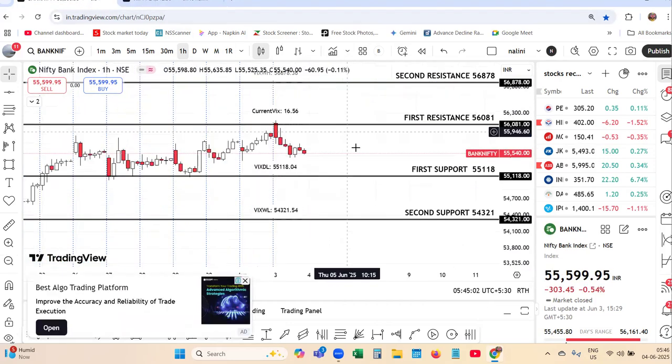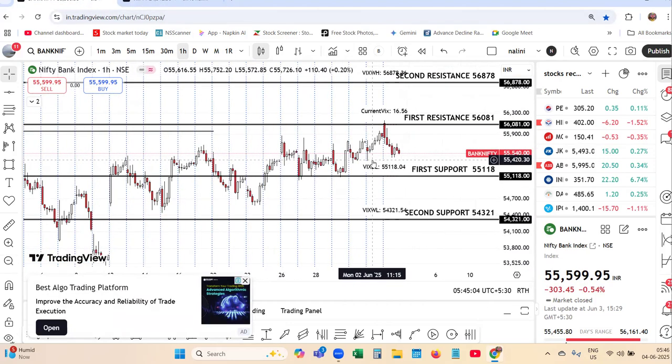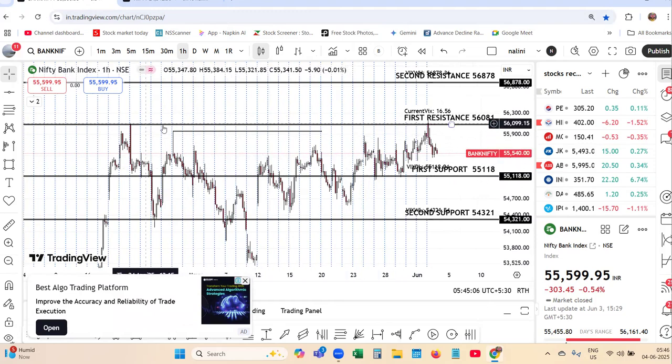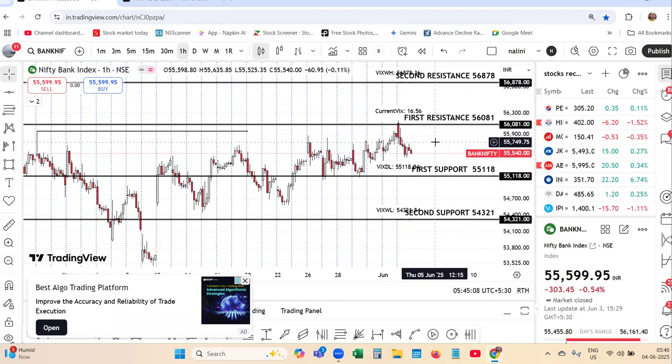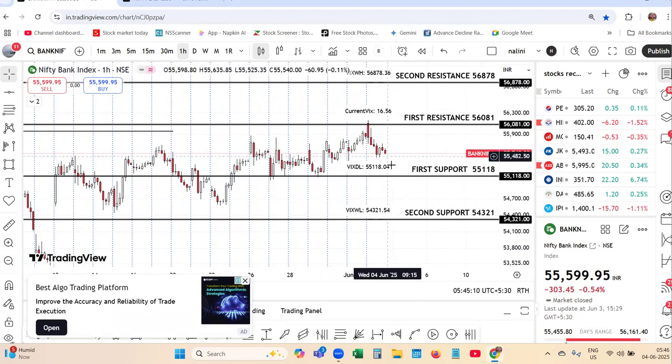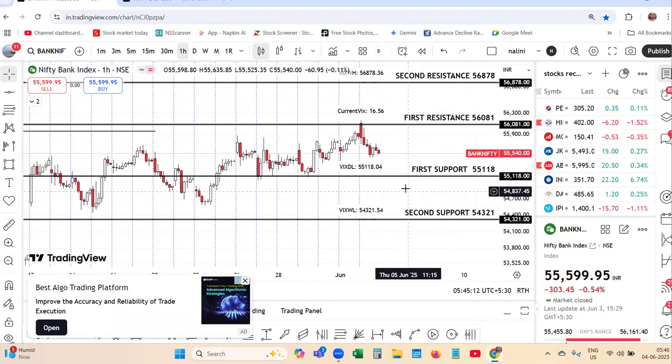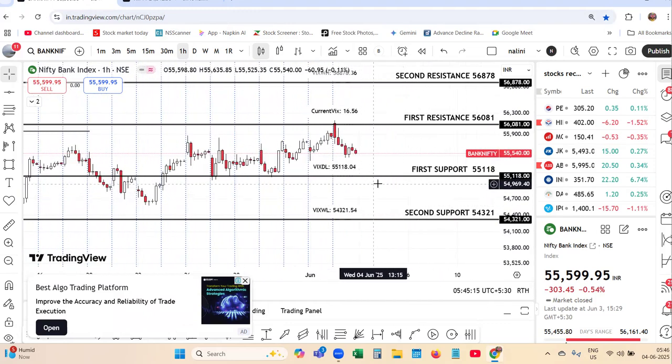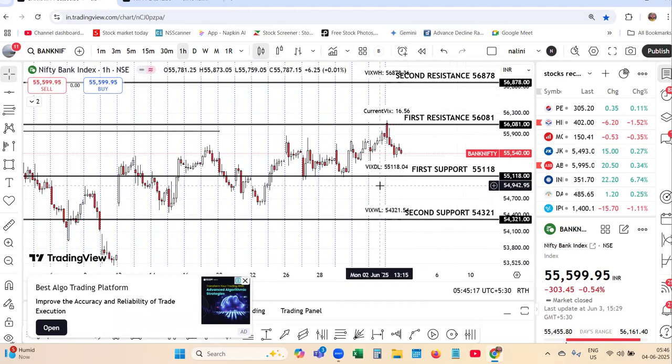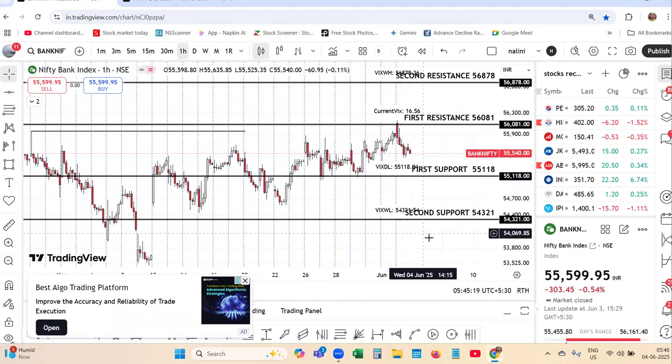Coming to Bank Nifty, it is also the same way. It is facing resistance around this area, 56,000, and it has started coming down. We need to see whether it is going to breach 55,118 and come down.